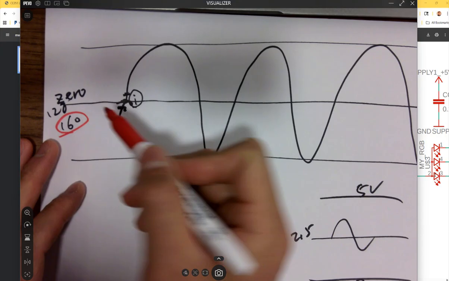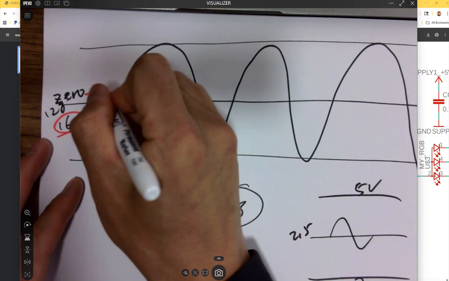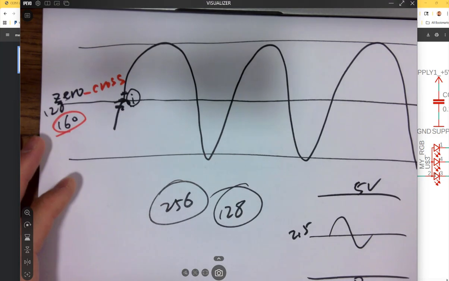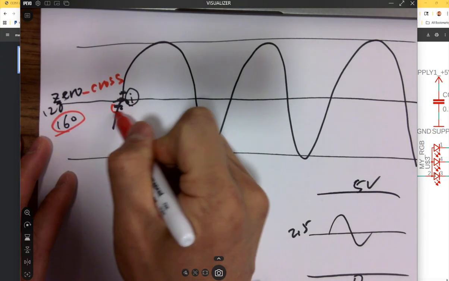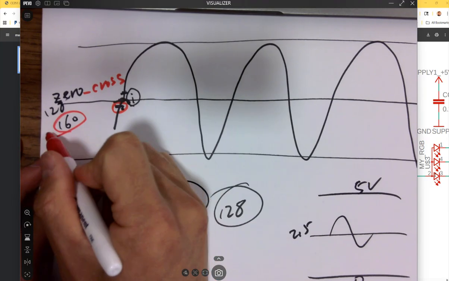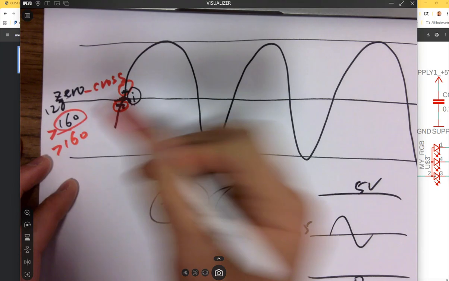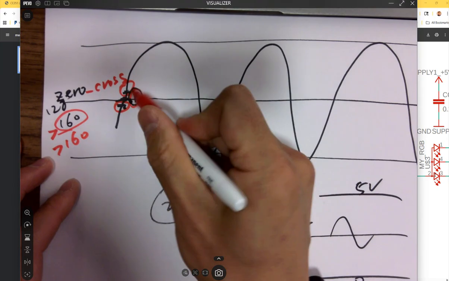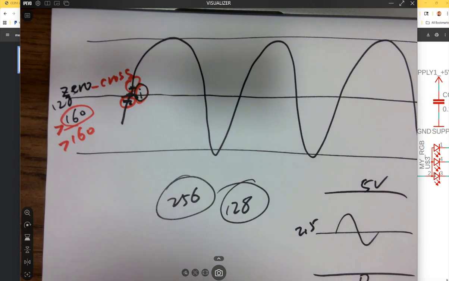So whenever you are checking the zero cross event, you are checking if one number here is less than 160, and another point is larger than 160, and you want to log that number at that index. So that's one zero cross.